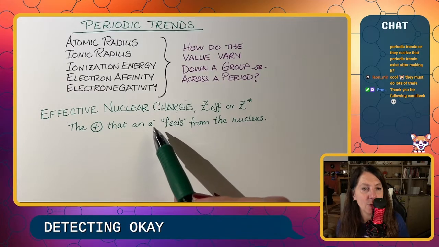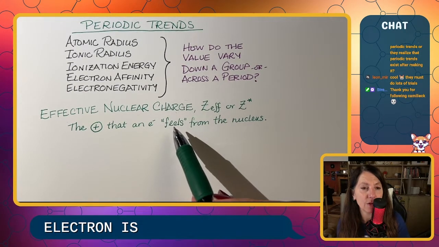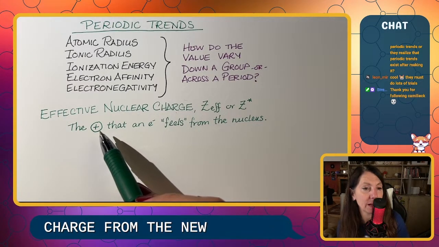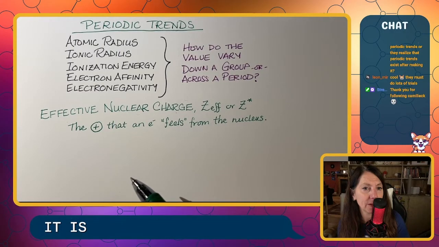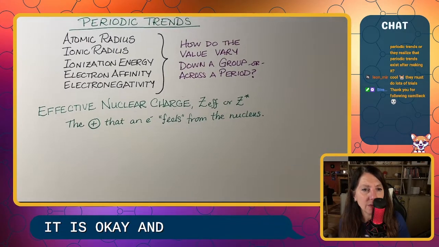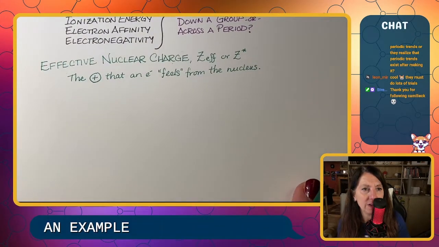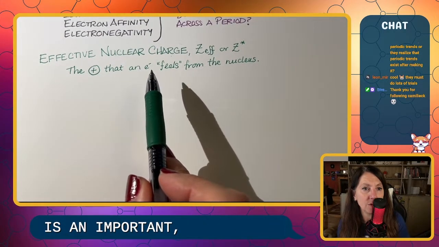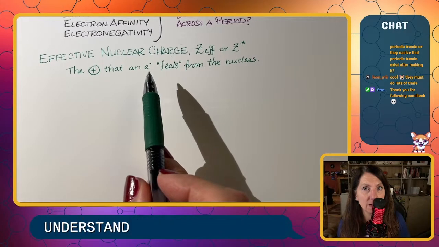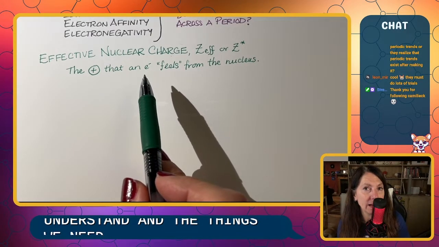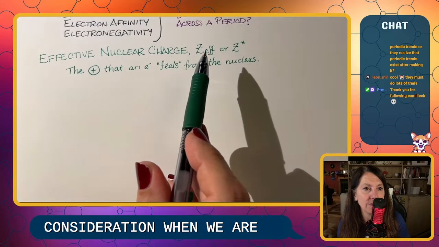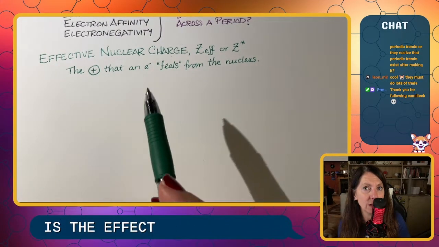Okay, so an electron is detecting a certain amount of positive charge from the nucleus, depending on which nucleus it is. And so let's use an example to see why this is an important concept to understand and the things we need to take into consideration when we are trying to figure out what is the effective nuclear charge.